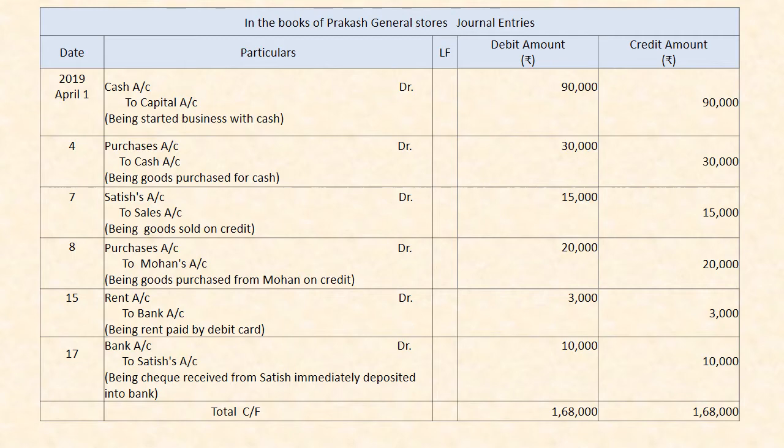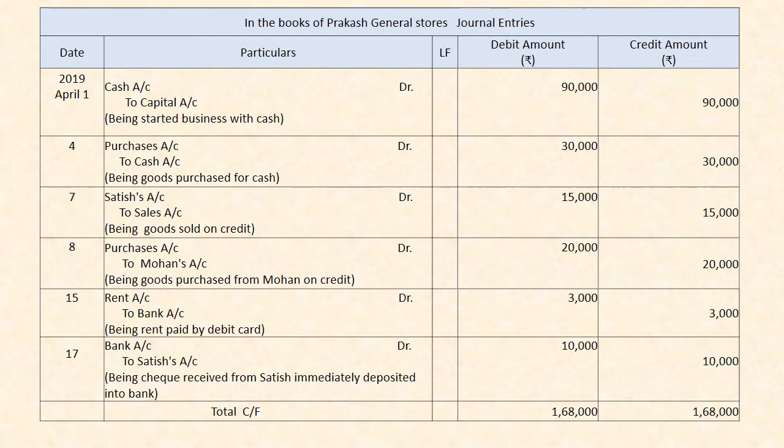Mr. Prakash started business with cash rupees 90,000. Now, do analysis of this transaction in your mind. No need to write the analysis of the transaction separately. You have done it in the last chapter.